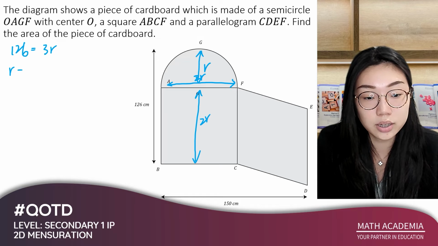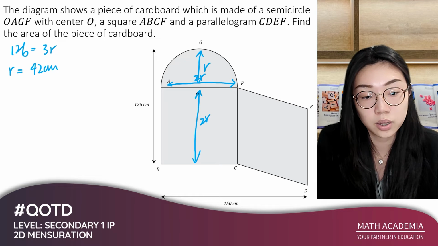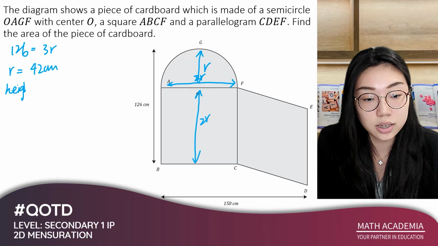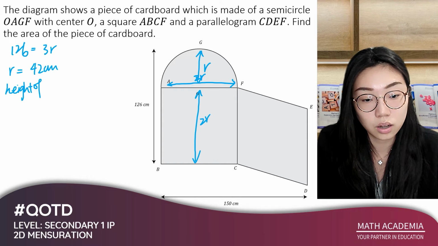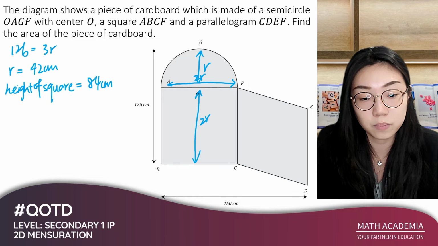So the radius of the semicircle would be 42 cm, and the height of the square would be 2 times the radius of the semicircle, which is 84 cm.